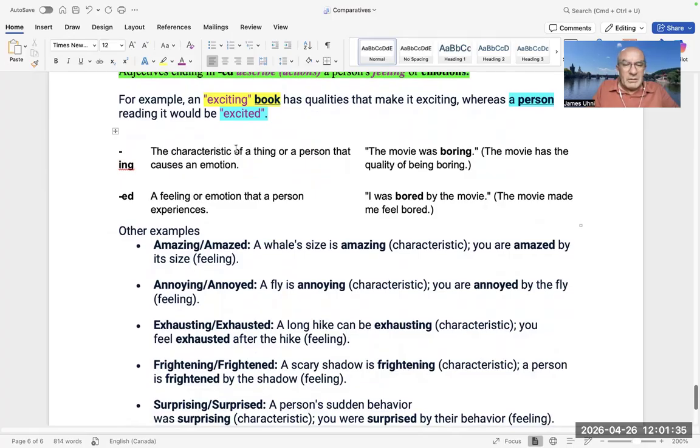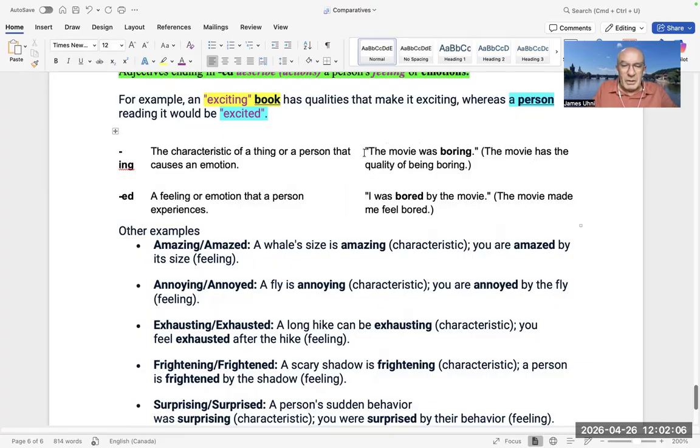The characteristics of a thing or a person that causes an emotion: the movie was boring. The movie has the quality of being boring. A feeling or emotion that a person experiences: I was bored by the movie. The movie made me feel bored.